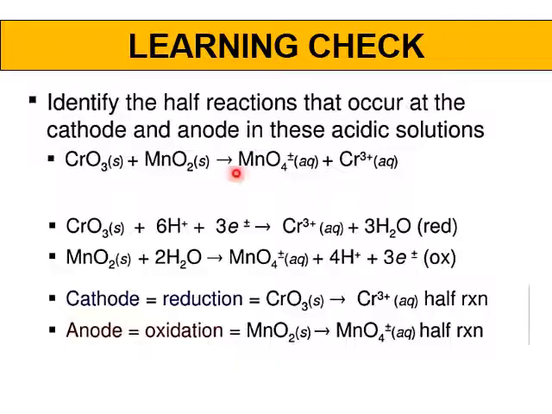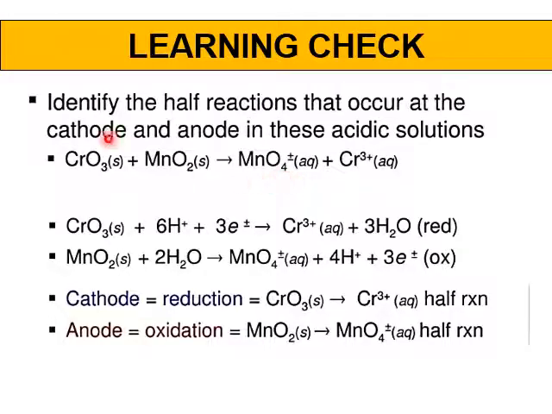So identify the half reactions that occur at the cathode and anode in this acidic solution. You are given the overall equation as this, and from this you have to identify which one will undergo oxidation and which one will undergo reduction. Okay, so in this case you have to look at chromium trioxide becoming chromium 3 plus, while manganese dioxide becomes manganese tetraoxide here.